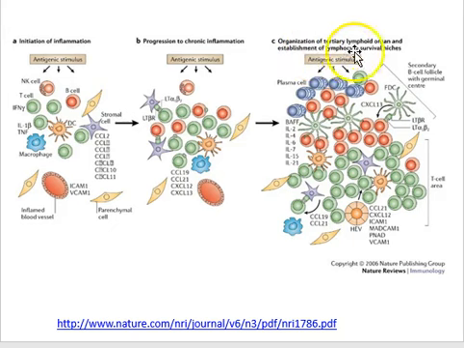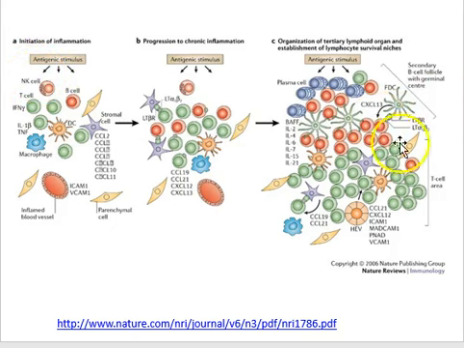And here it says organization of a tertiary lymphoid organ. And so at some point, the amount of immune cells becomes so great that there actually is a rather intense bona fide immune reaction. And some would call it the production of a tertiary lymphoid structure in a non-lymphoid organ. And so this is in the organ that had the initial inflammatory assault.